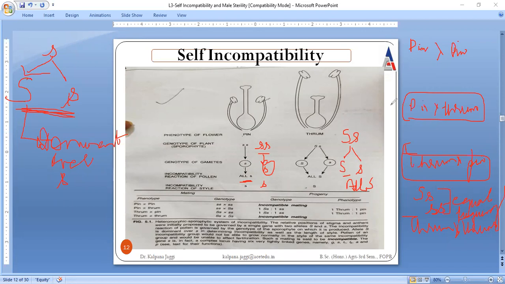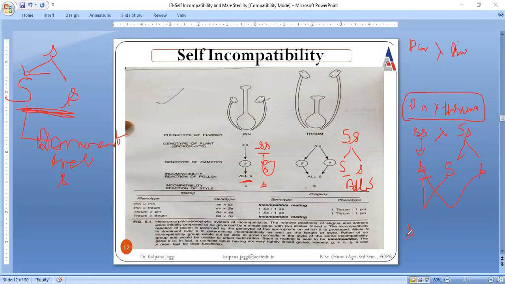Now I will let you know how these two genotypes are being produced, because in the pin we had ss and then we had here capital S, small s. Since the two genotypes are of the same type, here we are going to have only one gamete, that is small s, and here we are going to have two, that is capital S and small s. So this will cross with this and this will cross with this.